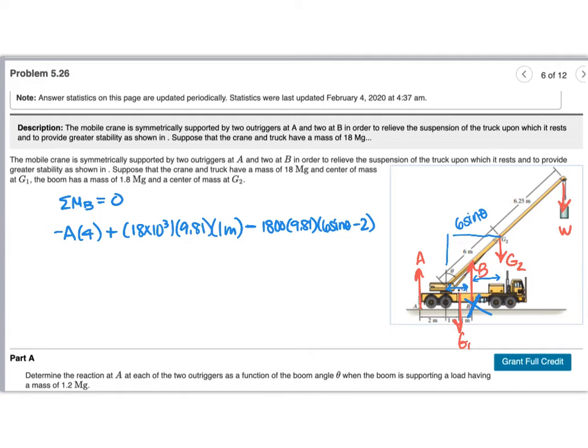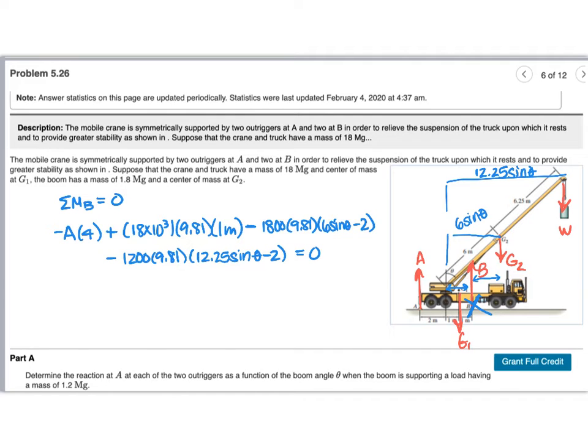And then finally, we have the weight, which is 1,200 kilograms times 9.81. The distance for that one would be this entire boom, which is 12.25 sine of theta, and then again subtracting the 2, minus 2, and all these equal to 0.